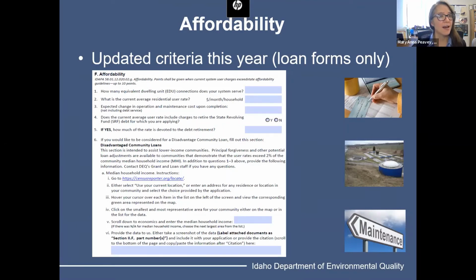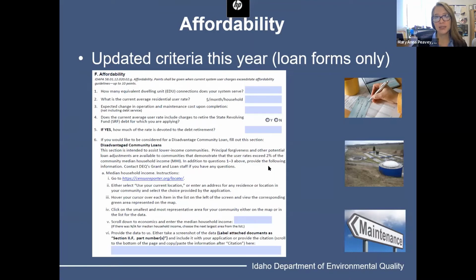All right, nextly we'll be going over the affordability section. This affordability section is both in the Clean Water Letter of Interest and the Drinking Water Letter of Interest loan LOIs. We use this information to help us see who qualifies as a disadvantaged community.